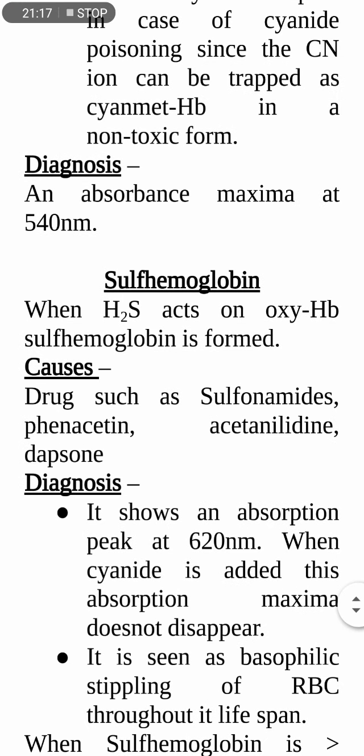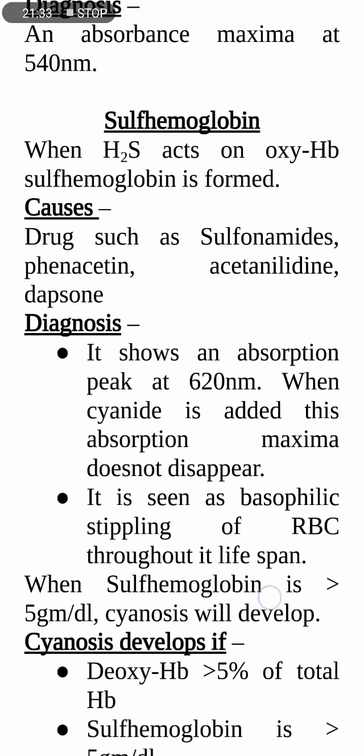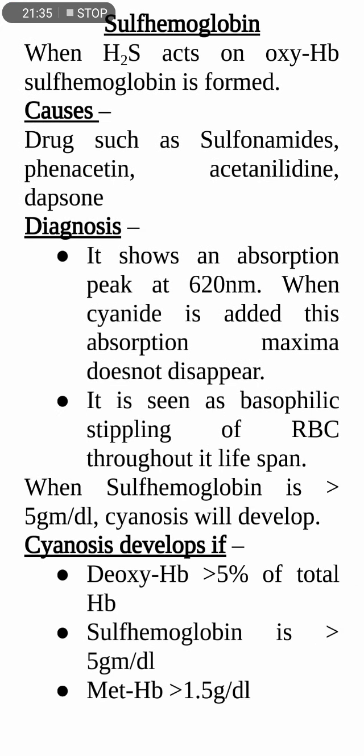Diagnosis can be done by the absorption peak at 620 nanometer, which cannot be changed by the addition of cyanide, and basophilic stippling is seen. When the sulfhemoglobin goes above 5 gram per deciliter, there is development of cyanosis. And that's all for the lecture on structure and function of hemoglobin and myoglobin.